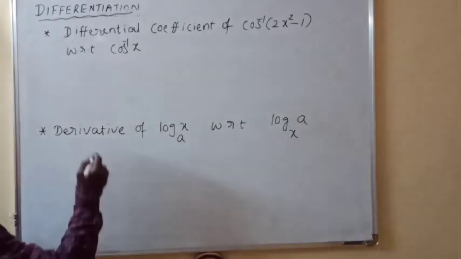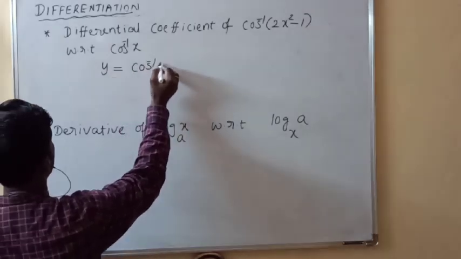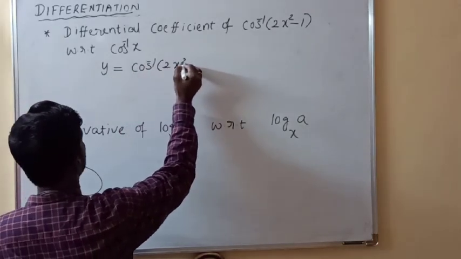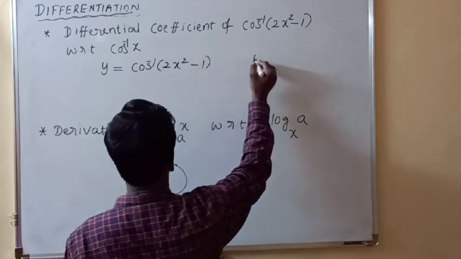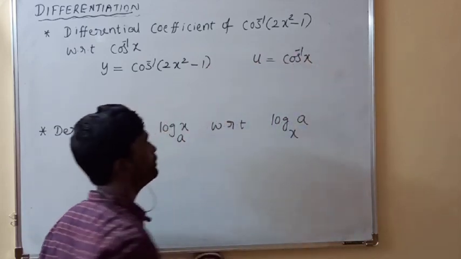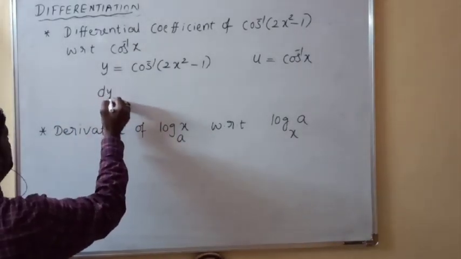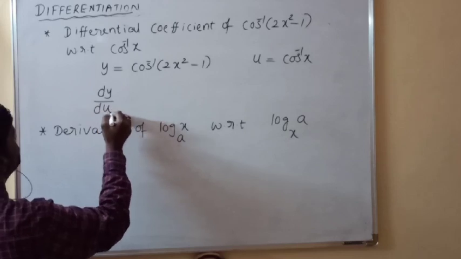Okay. So let us denote the first function by y and the second function by u. Then we have to find the derivative of y with respect to u, that means we have to find dy by du.